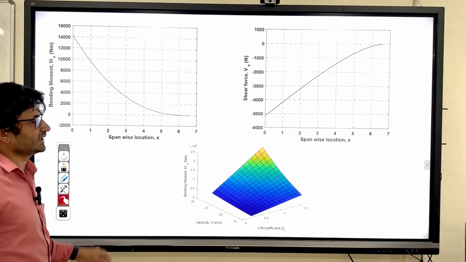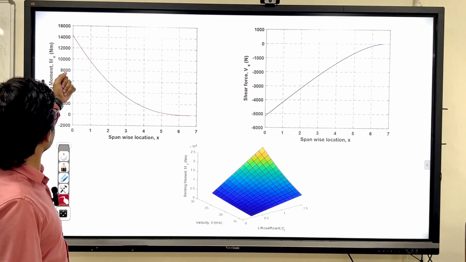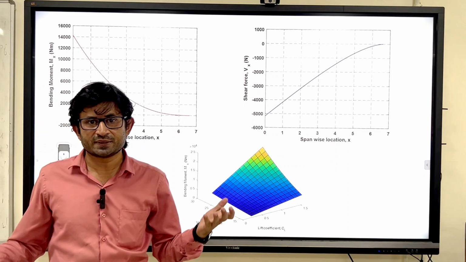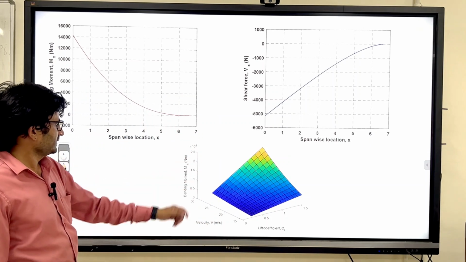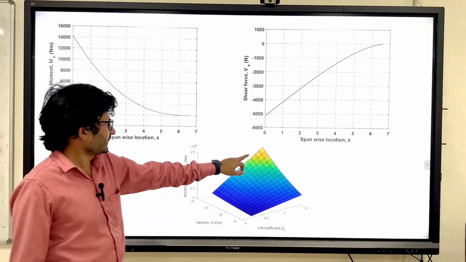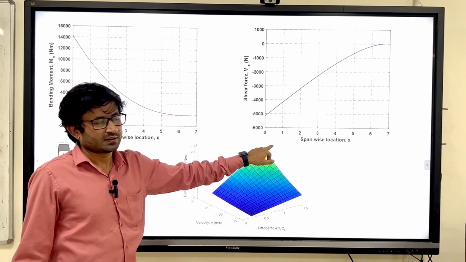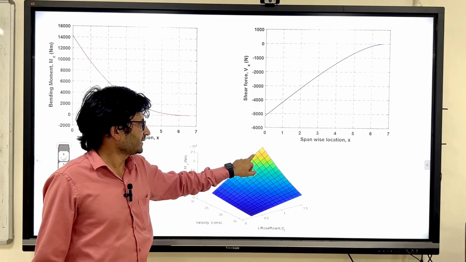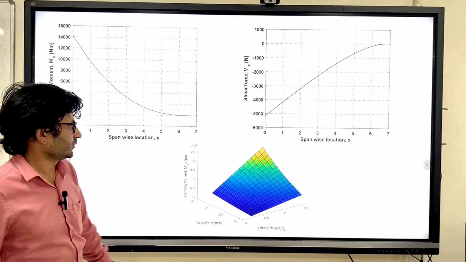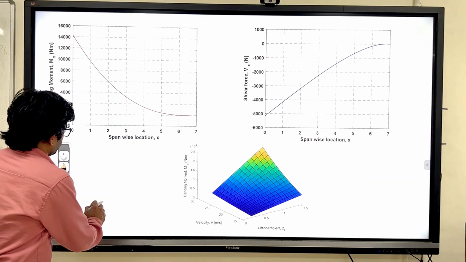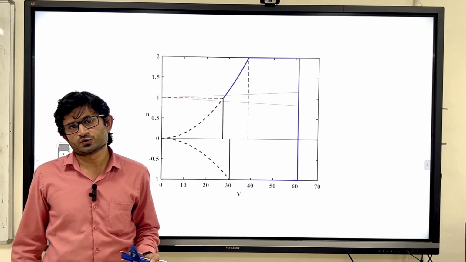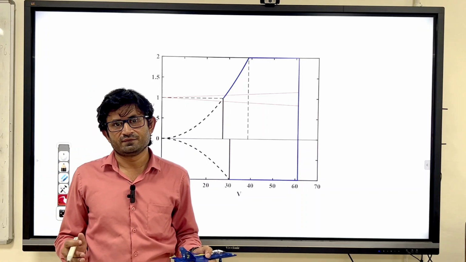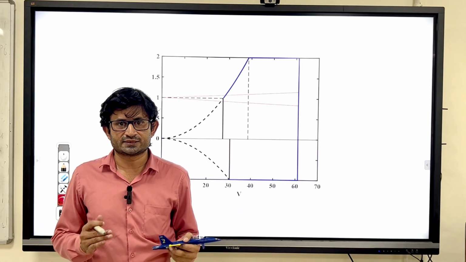Same here, you can see more than 14,000 newton meter, because it is a bigger aircraft. Similarly for the shear force case, and also for the surface plot, you can see where the bending moment is maximum. It is a very important point you have to look into. And similarly the V-n diagram: this is a heavier aircraft, wing loading is more, so it is less sensitive to wind.